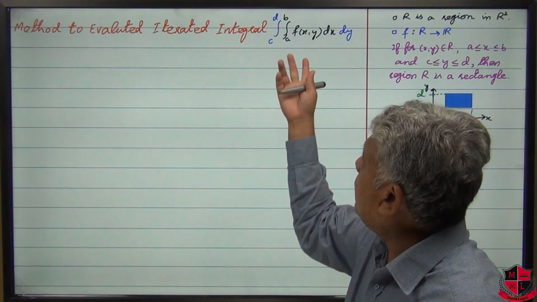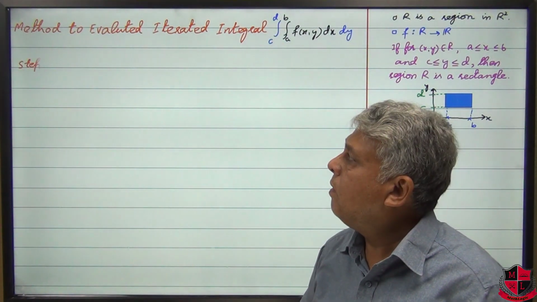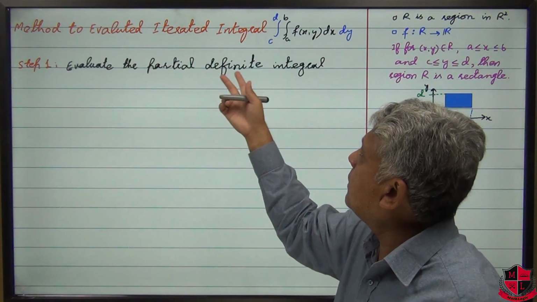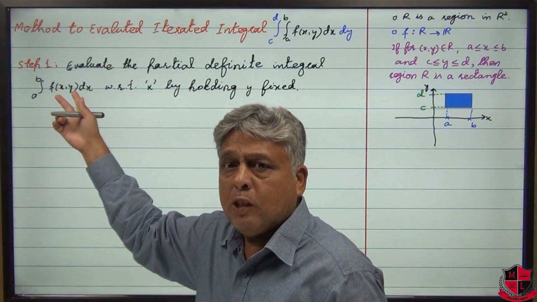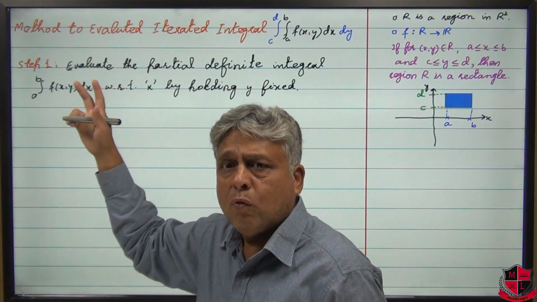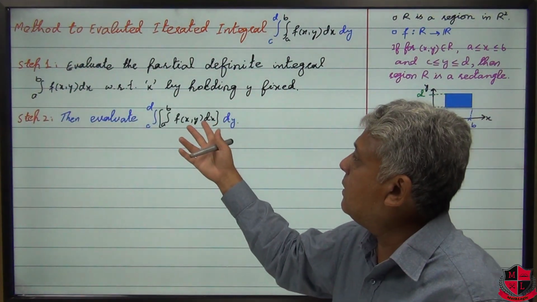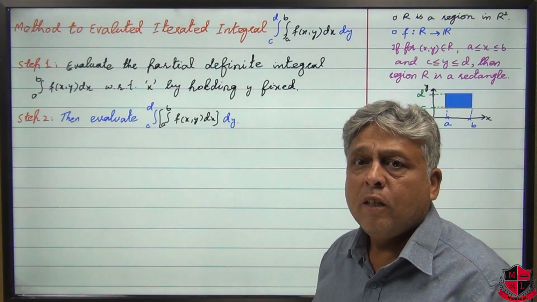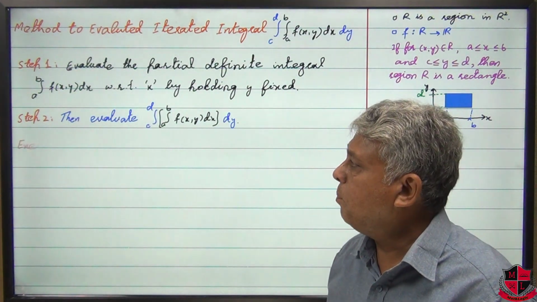In order to evaluate this iterated integral, first we shall evaluate the inner partial definite integral with respect to x. After evaluating this integral, we shall get a function of y and then evaluate this integral with respect to y. Finally, we will get a number. Let's practice this in an example.